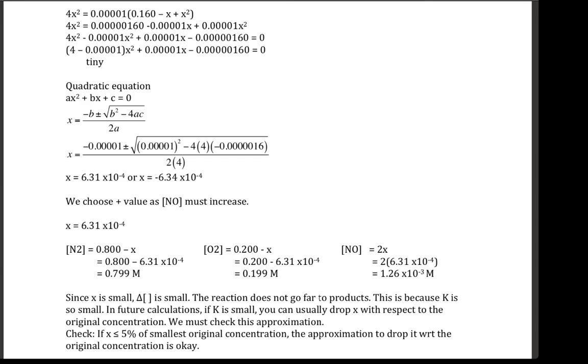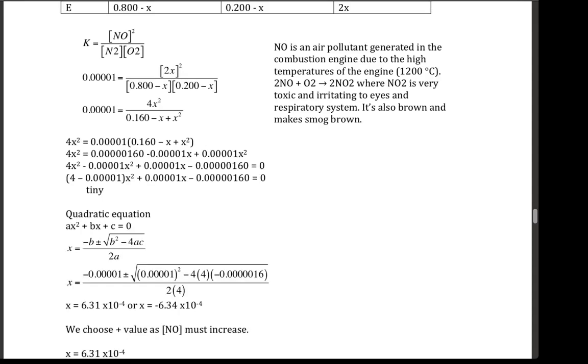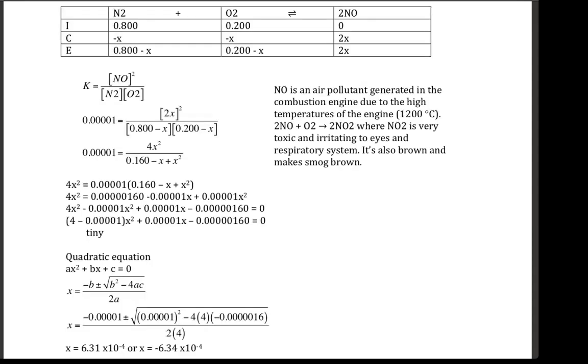That problem was kind of intense algebra-wise. Well, it turns out we could make the math a lot easier. Looking back at our ICE table, we have at equilibrium for N2 0.800 minus x. For O2, 0.200 minus x.